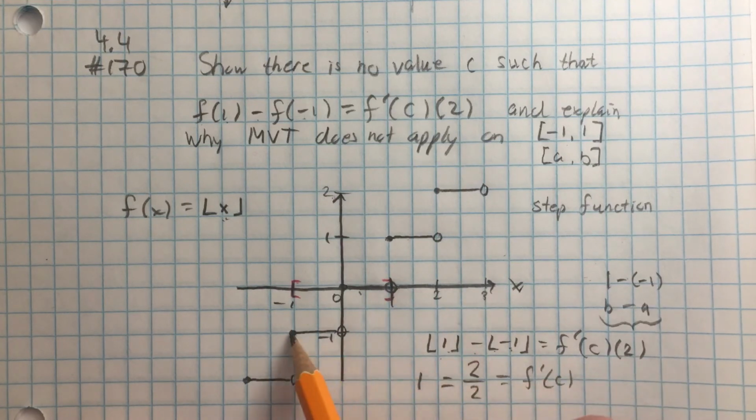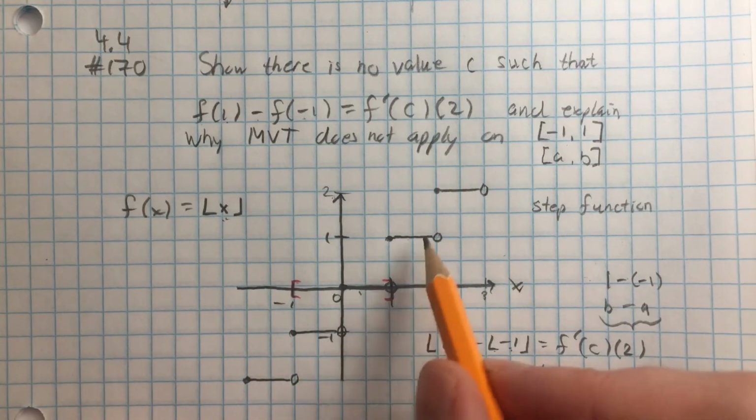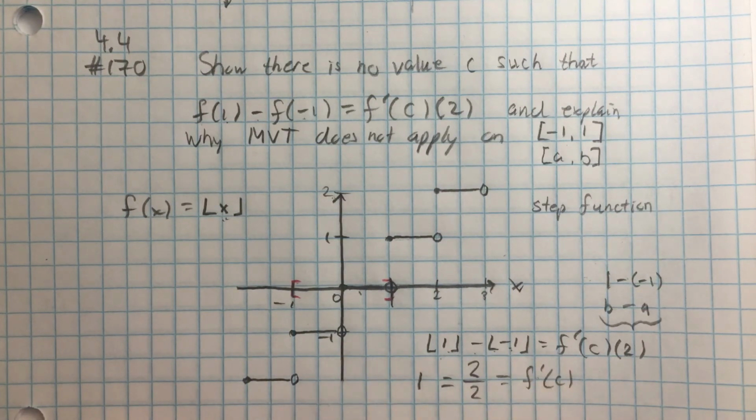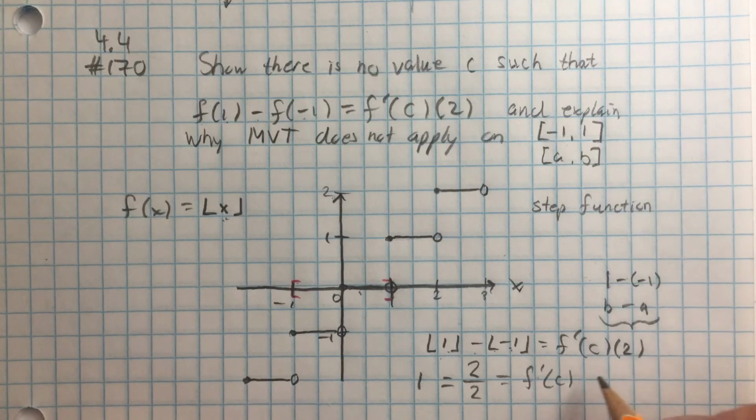But you can see that all the slopes are always 0. They're just horizontal segments. Every slope is 0. So there's no way that this derivative, whatever it is, we're not able to write it out as a rule, but you can see from the picture here that all the slopes of the floor function are always 0 or non-existent, no matter where you go. So there is no c that f prime of c would equal 1.